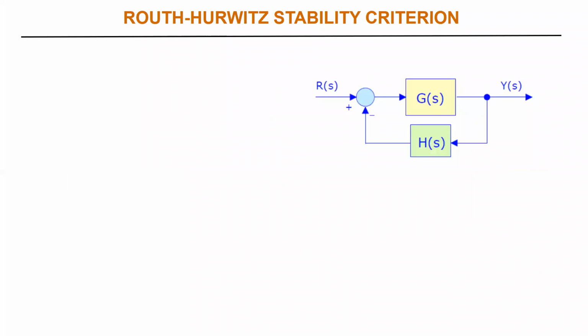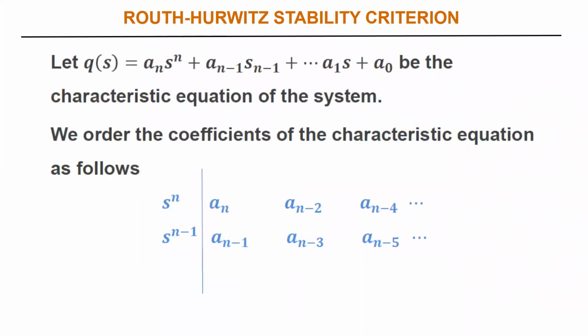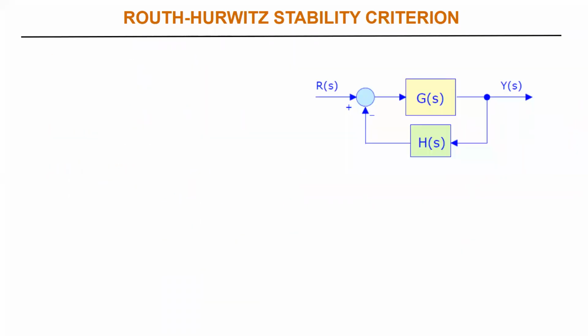Now, suppose I have this system again. Let me write the characteristic equation. What is the characteristic equation here? The delta of s equals 1 plus G of s, H of s, and this is going to be a polynomial.